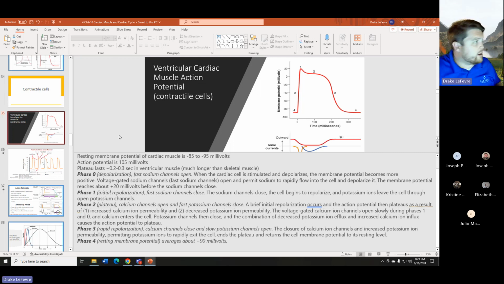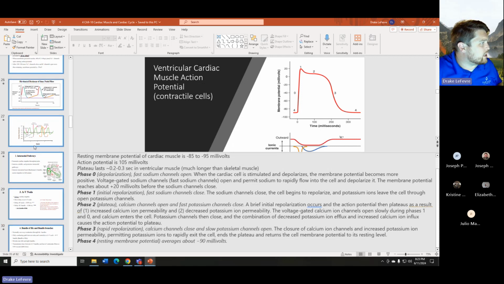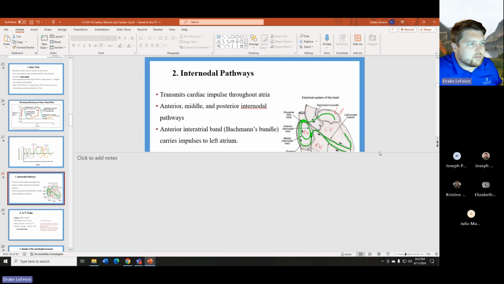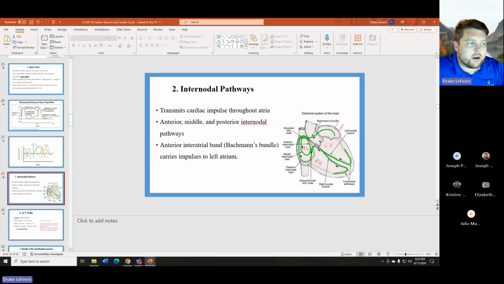If you remember the flow of electricity, it takes time to get from the AV node, bundle of His, through the bundle branches, and all the way to the Purkinje fibers. It takes time to travel from here all the way up to here.